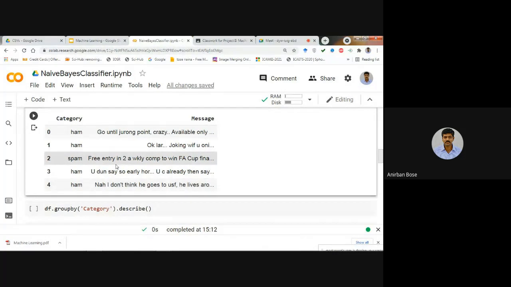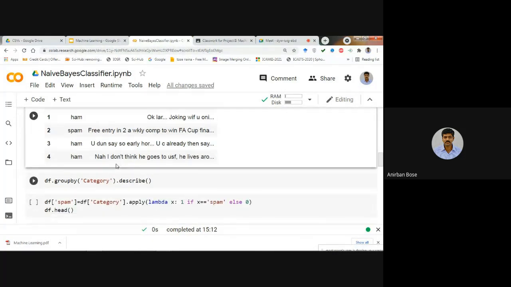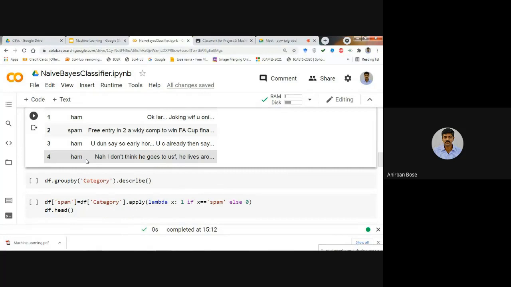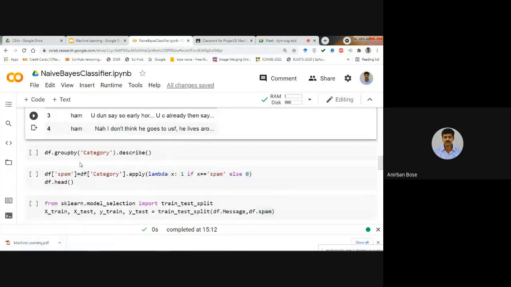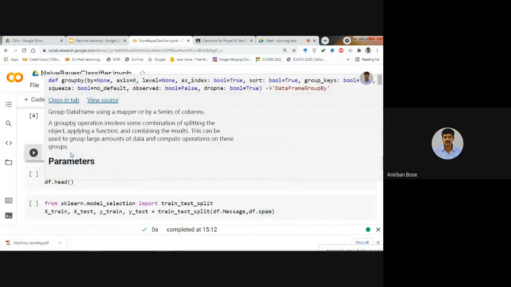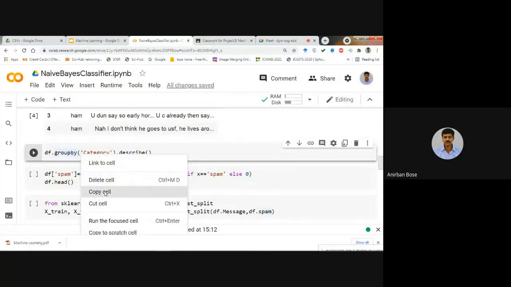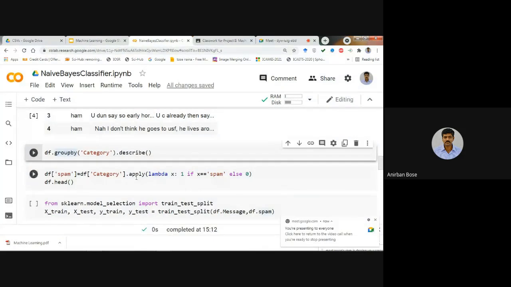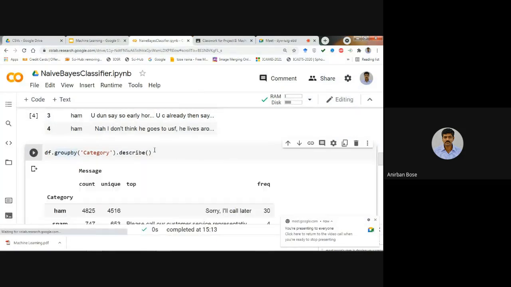The next thing that we want to do is that here basically you can understand this category column is actually, let us see what are the different unique values in the category column. So using groupby, you just see how many unique values are there, or if the repetition is there, then what is the frequency that you will get if you use groupby. So here you can see that in the category column, basically there are two unique values, either ham or spam.